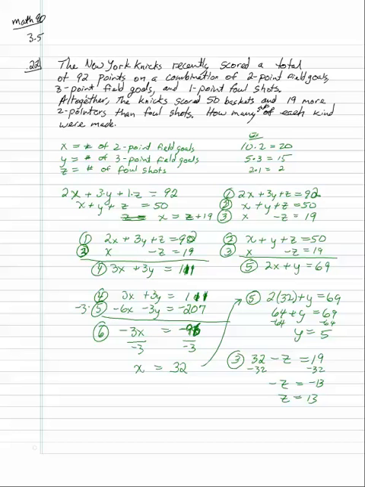Alright, so now we can answer the question: how many of each kind of shots were made? So there were 32 two-pointers, 5 three-pointers, and 13 foul shots.